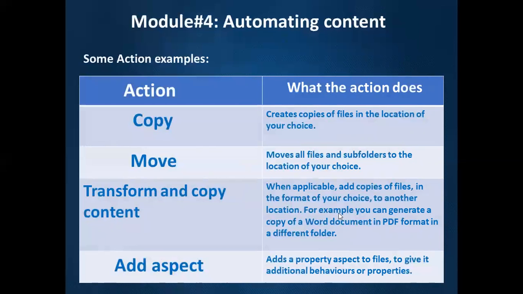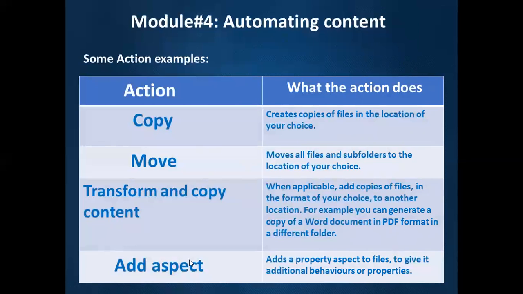We will transform our file from, for example, a Word document to a PDF document, and we will set this rule on each Word document we want to transform. So it's very useful, you will see that.